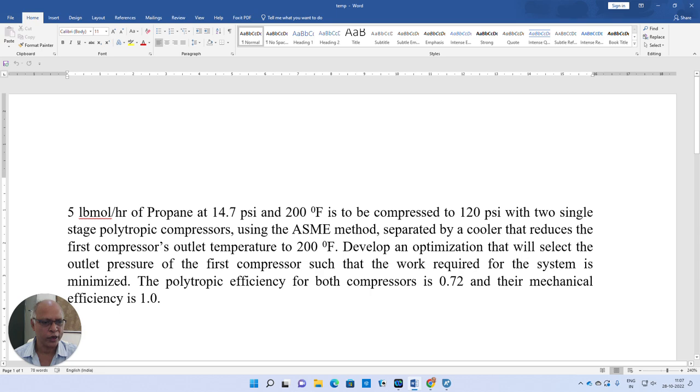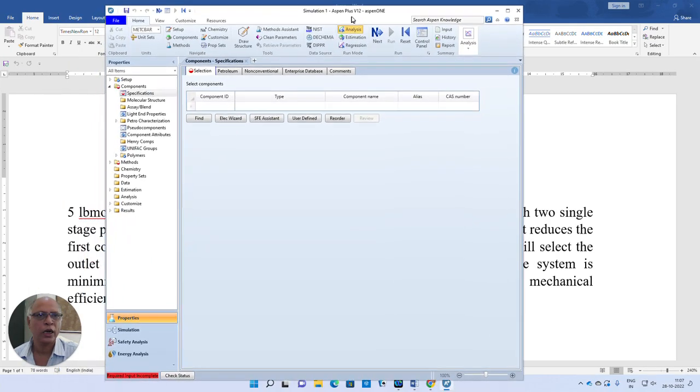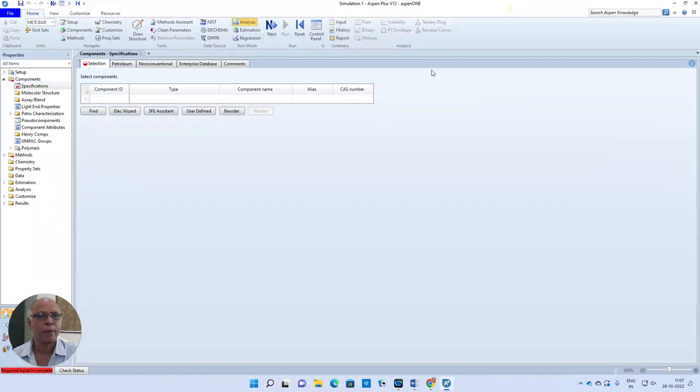Develop an optimization that will select the outlet pressure of the first compressor such that the work required for the system is minimized. So let us try to see how to simulate this problem in Aspen.